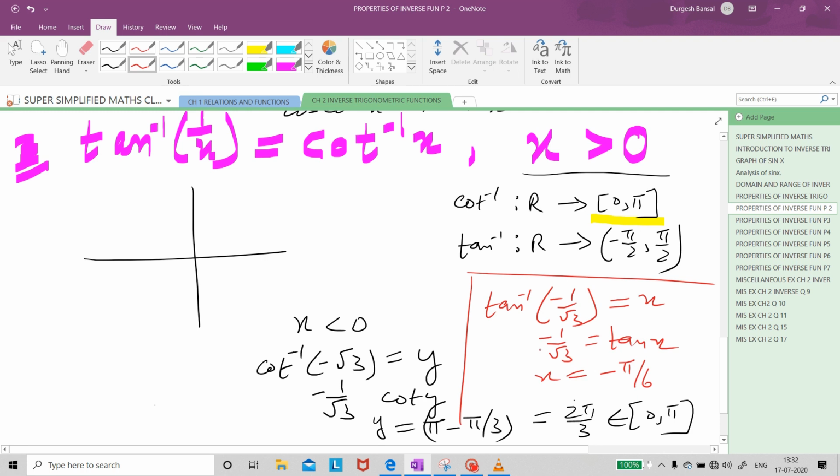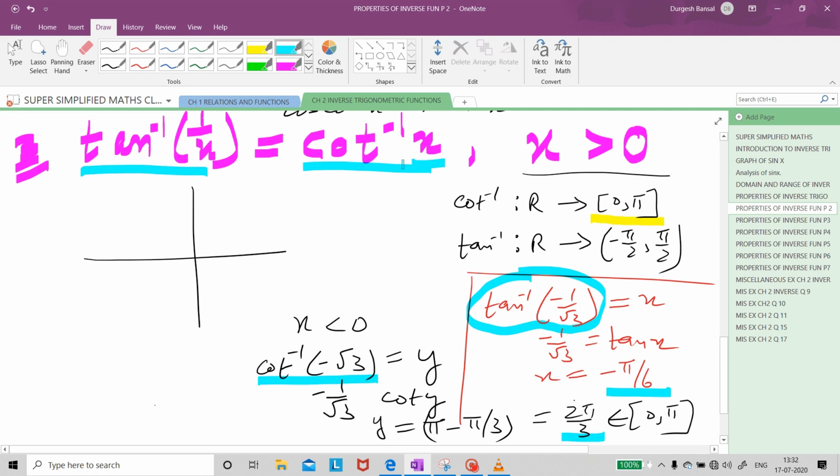You can see that the value of tan inverse minus 1 by root 3 is minus pi by 6, whereas the value of cot inverse minus root 3 is 2 pi by 3, and these two values do not match. So if this angle becomes negative, then the value of tan inverse 1 by x and cot inverse x do not match, because for a negative angle it may be negative or positive.